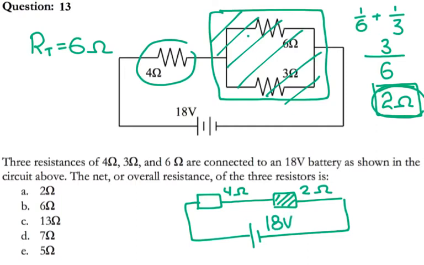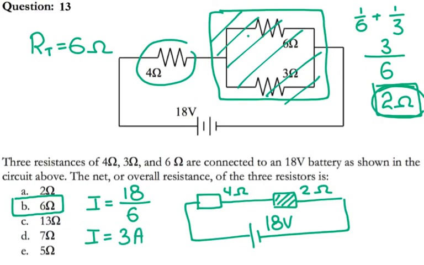So your total resistance is 6, and they ask for the overall resistance, which is 6. If they ask you to calculate the current, you would have the total voltage, which is 18, divided by the total resistance, which is 6. So the current in this circuit would be 3 amps.